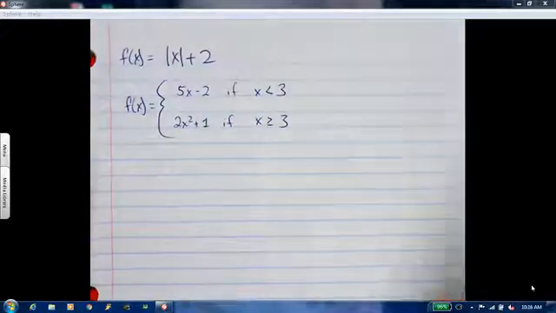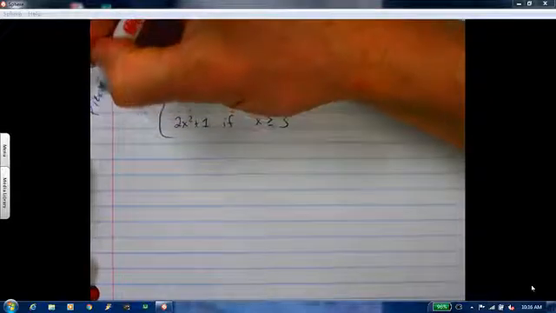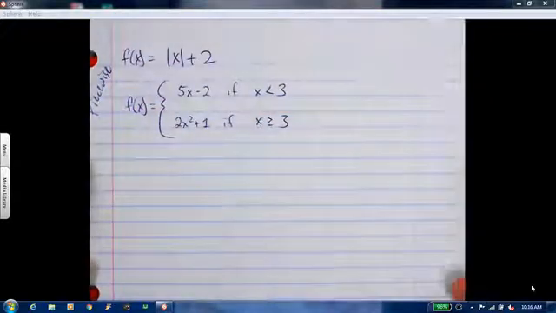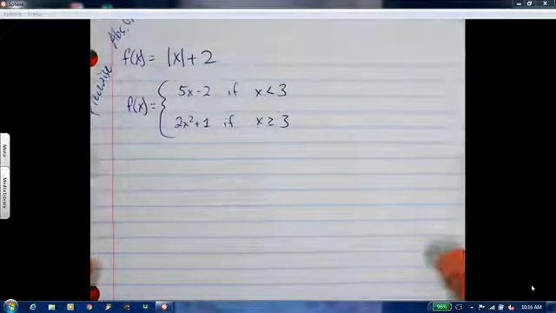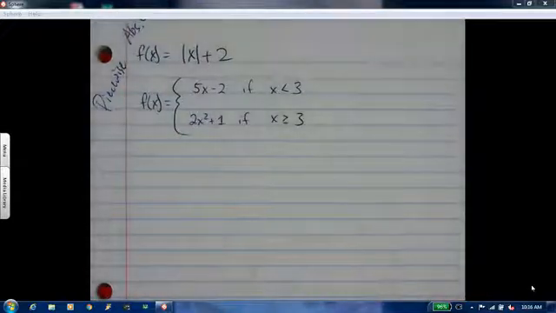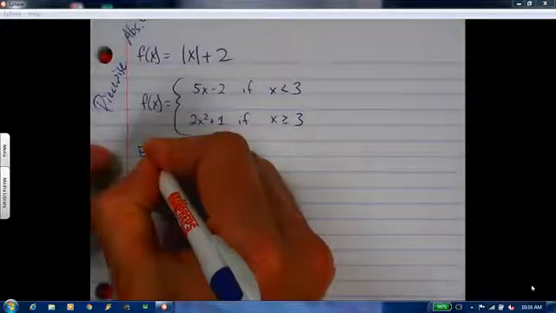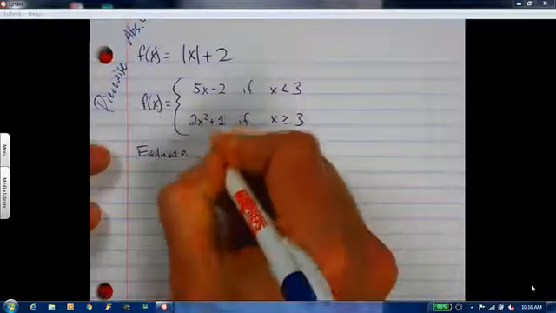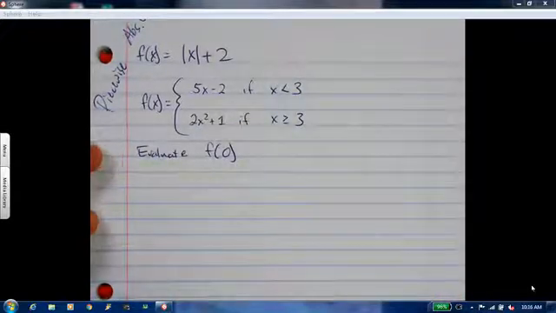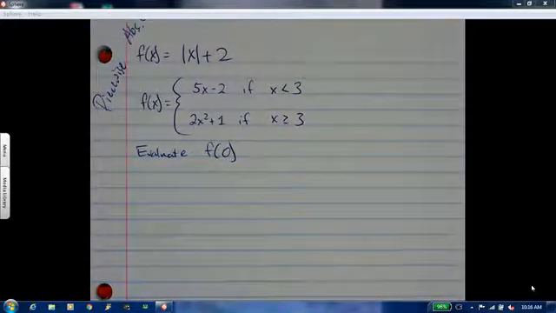So this is a piecewise function. First one was absolute value, because we have pieces to it. They will say evaluate f of 0, for instance.